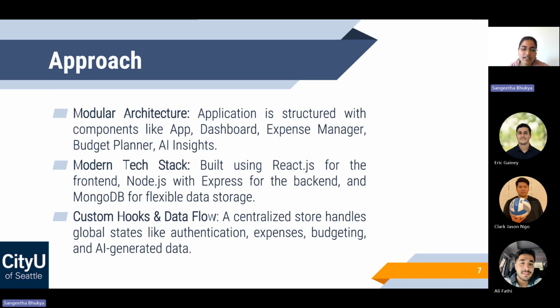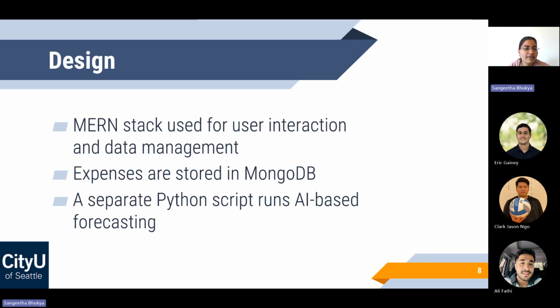The budget planner helps users plan and manage their monthly budgets. And AI Insights delivers personalized forecasts and recommendations. The global state is managed through a centralized store, ensuring consistent data flow through components.